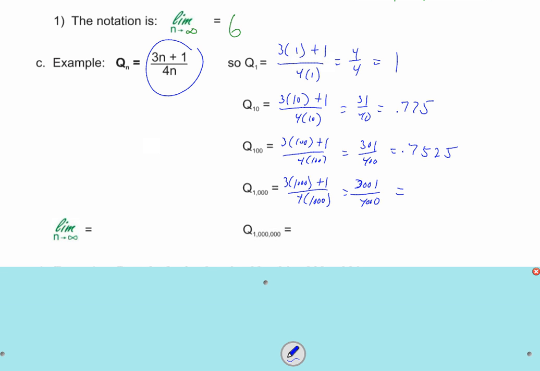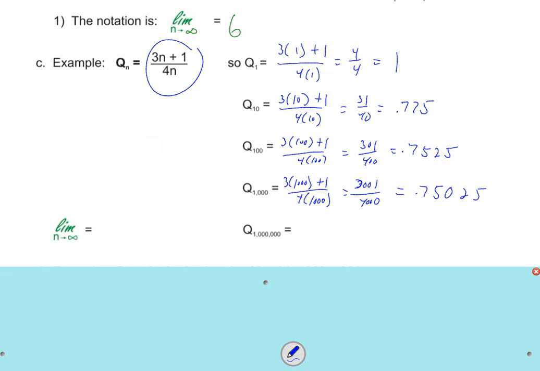Somebody raise your hand when you get this one. I can't, it's hard to hear. Nick? 0.75025. What are you speculating right now? What are we approaching? Well, what real number are we approaching?